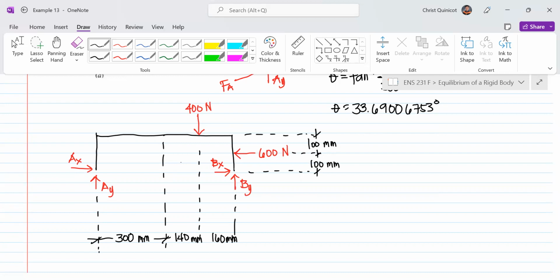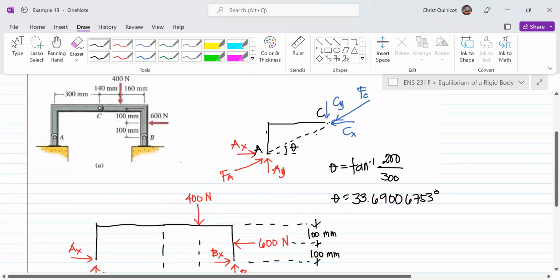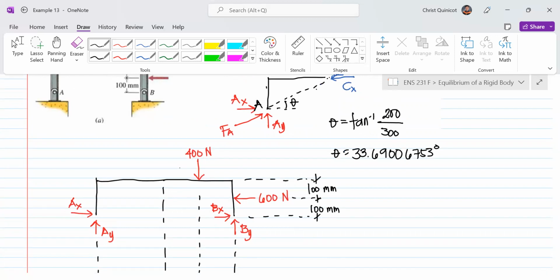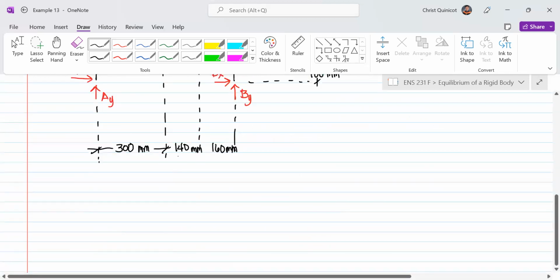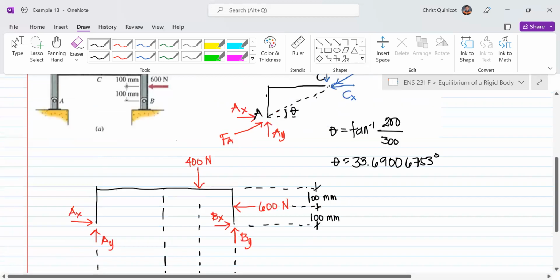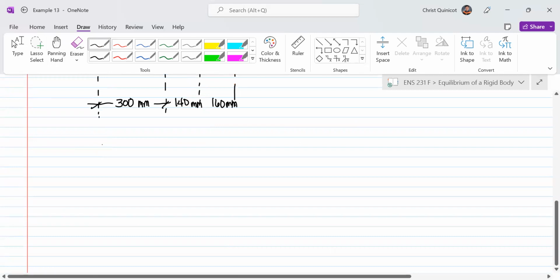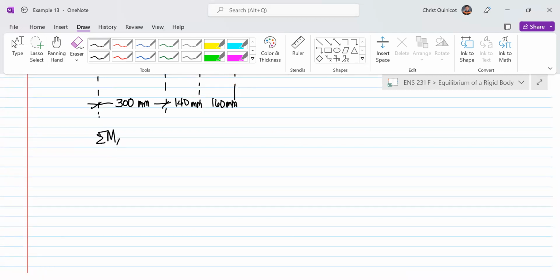Since points A and B are at the same level, if we take moment at either of the two points, one of the components will not be considered because its line of action passes through the point. So let us say I will do moment summation at A, the very left corner. Summation of moment A is equal to 0, assuming counterclockwise positive.